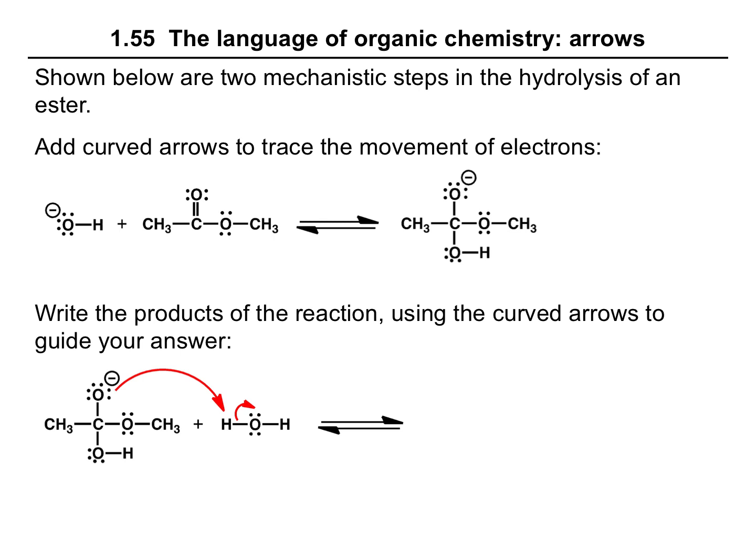So in the first case, we're asked to add curved arrows to trace the movement of electrons. This is what we're starting with, and this is what we end with. Now this looks very different, but let's try to figure out which atom is which. So this carbon, this carbon, this oxygen, this carbon, that would be this carbon, this carbon, this oxygen, this carbon.